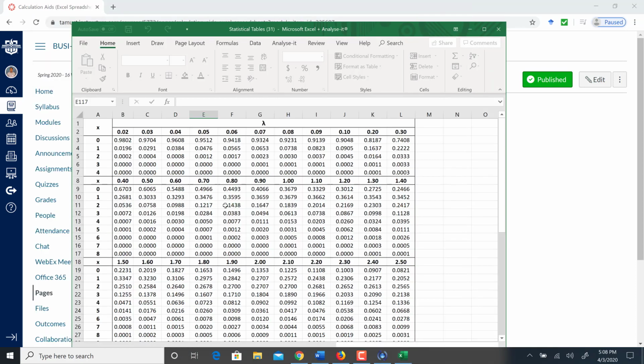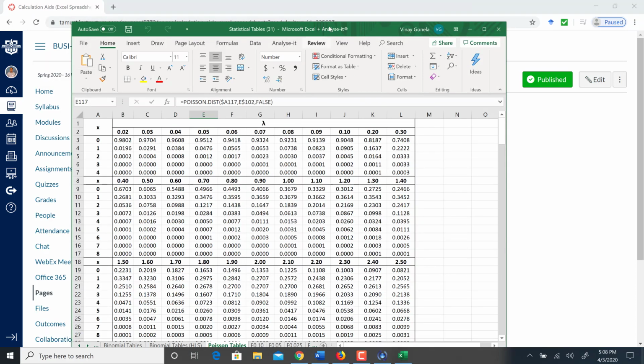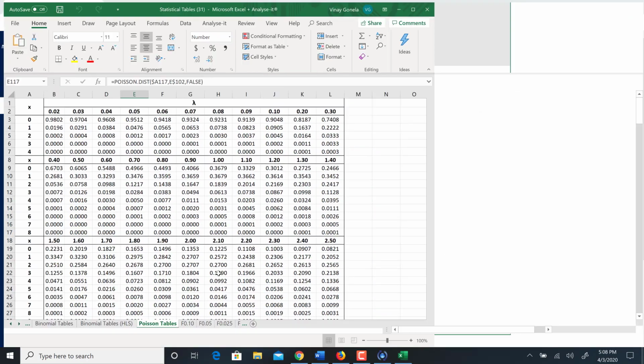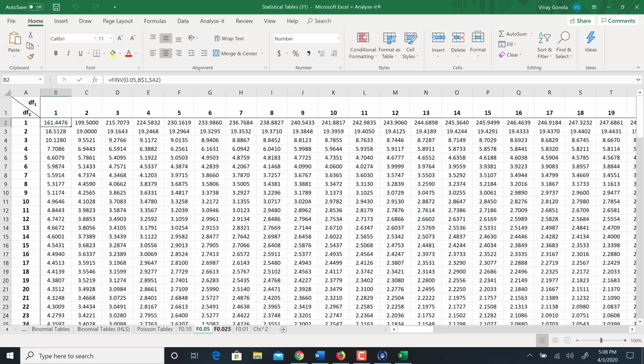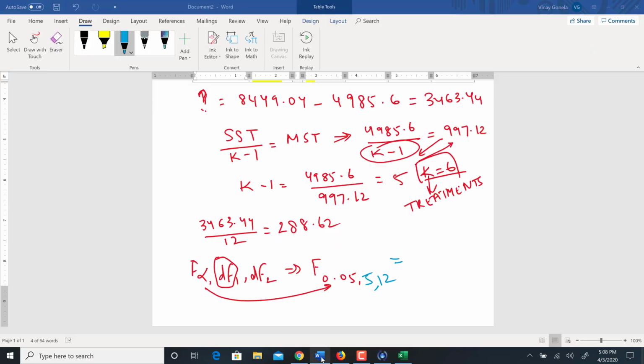Currently I am in the Poisson distribution table. I'm looking for f 0.05, so I will go to the f table and go to 0.05, and our degrees of freedom are 5, 12.